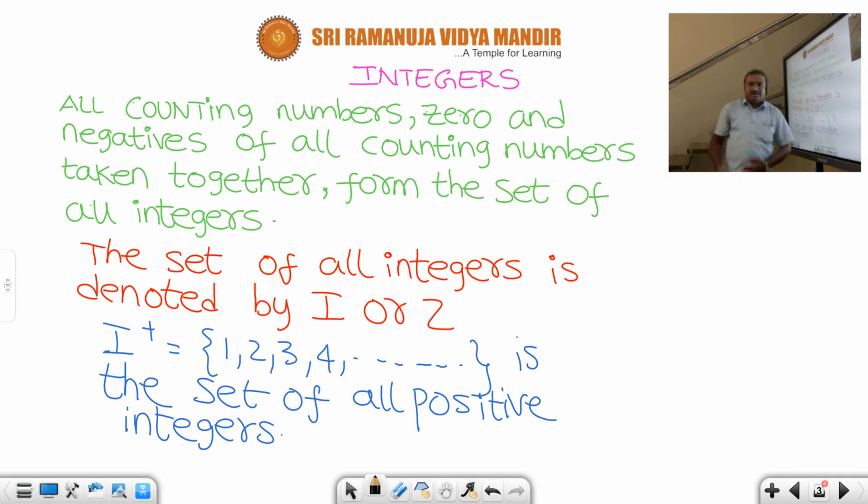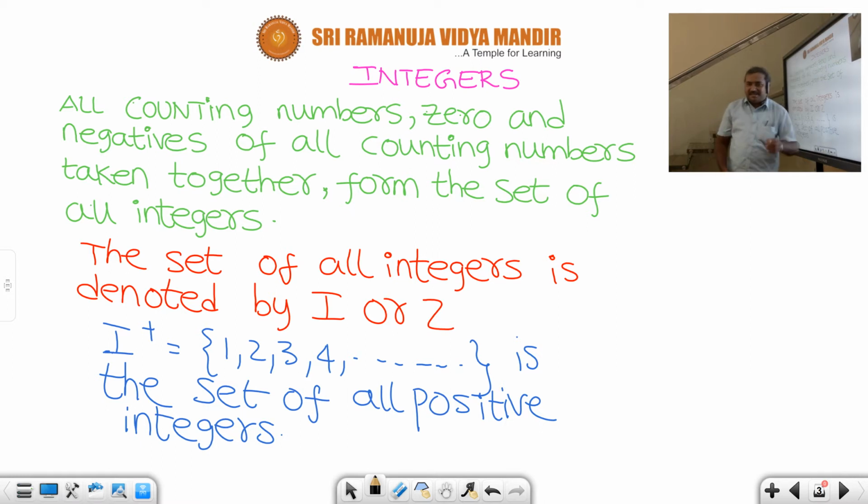So, what are integers? You all know that natural numbers start with 1, 2, 3, 4 and so on, and natural numbers are represented by the capital letter N. Next, whole numbers.